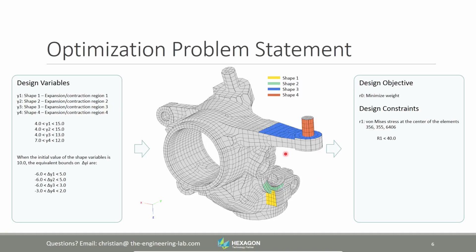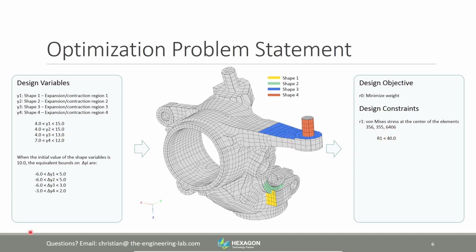And on this slide, we have the optimization problem statement. It's always important to sit down, draft what your variables are, what your objective and your constraints are. Here, we're going to say that the objective is to minimize the mass or the weight while making sure that the von Mises stress at the center of the elements is less than 40.